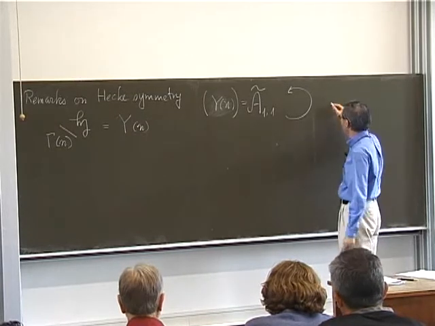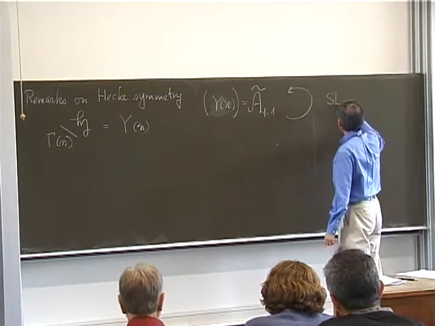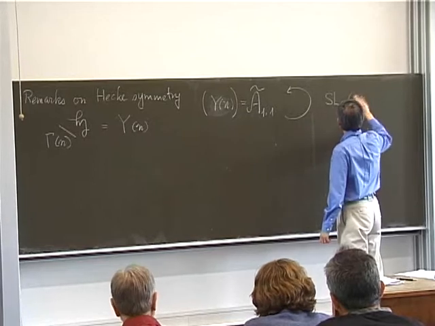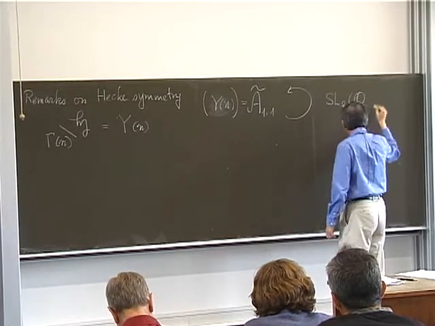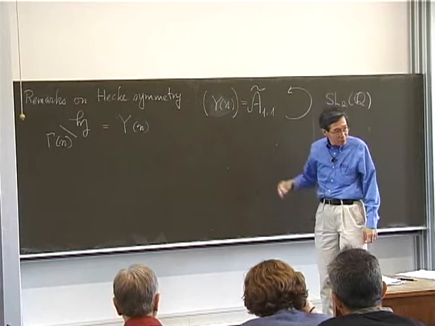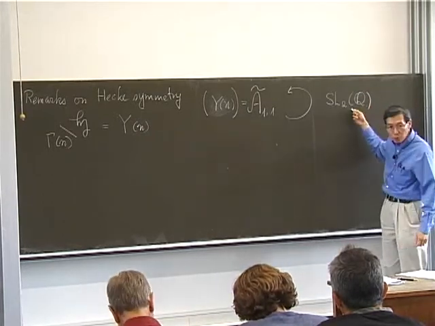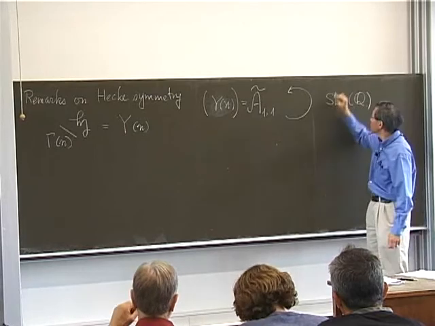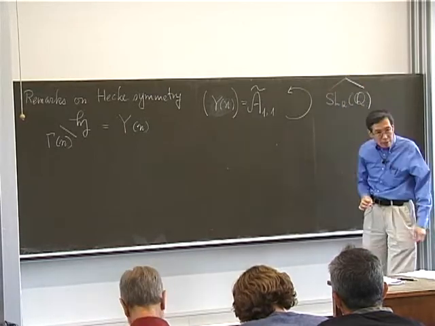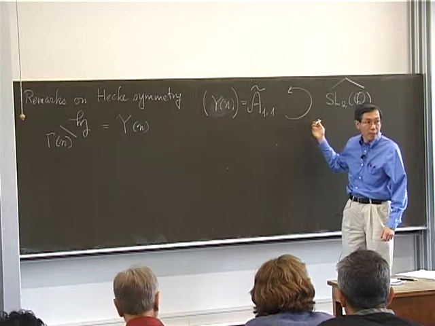Okay? What's the action? Let me just illustrate how SL2(Q) will operate. But the actual group of symmetry is a lot more, because when you have SL2(Q) operating, then you can have the completion of it operating on it.